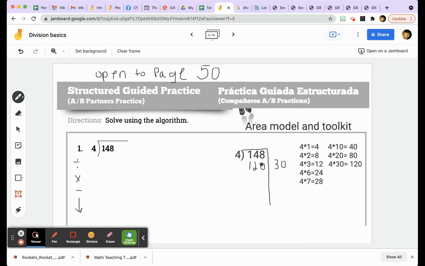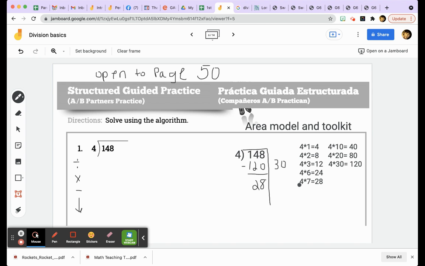So I'm going to write that under the 148. I'm going to subtract. 8 from 0 is 8. 4 subtract 2 is 2. And I'm going to look at my toolkit. And again, I want to find a number as close to 28 without going over. And I have 4 times 7 is 28.